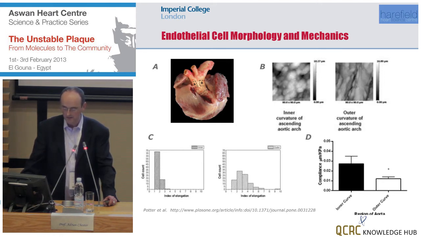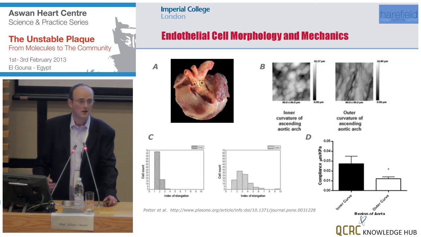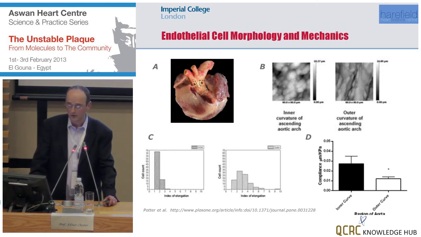This is on the inner curvature, whereas the greater degree of elongation occurs where you see the outer curvature where there's the high shear stress. And this was also associated, or these cells were also associated with difference in membrane compliance or stiffness. So again, the stiffness of the cells changes due to the type of flow that they're able to see.